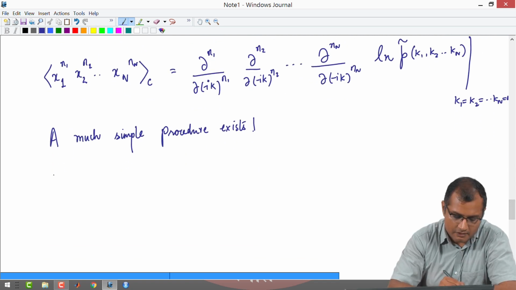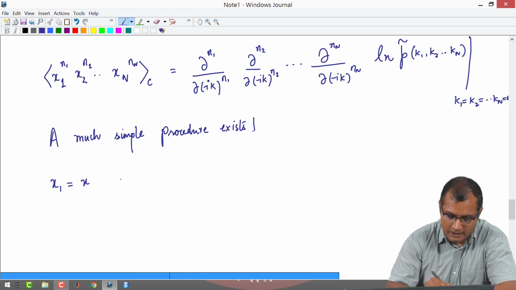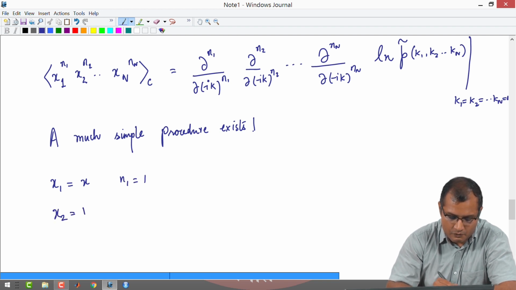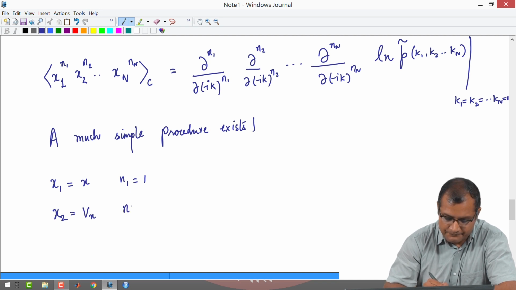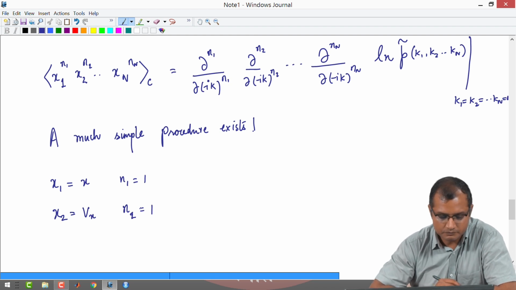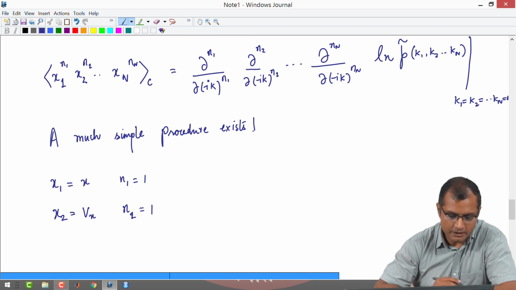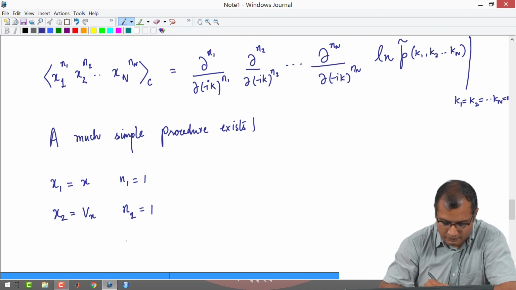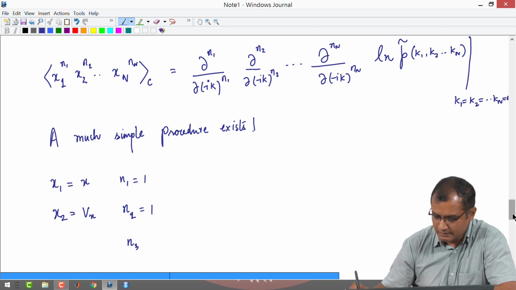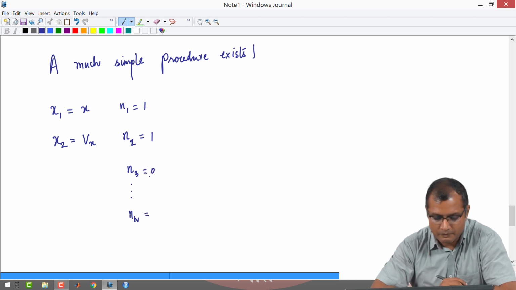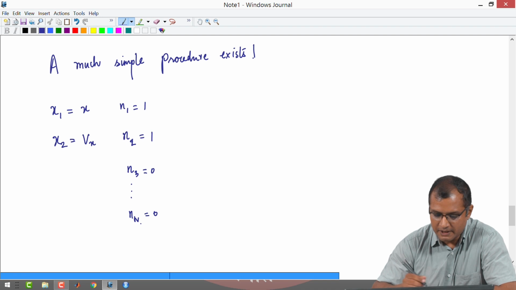So for example, I take x1 equals x, and I take n1 equals 1, and I take x2 equals vx, and n2 equals 1. And I take all other powers, n3 all the way to nn, as 0.